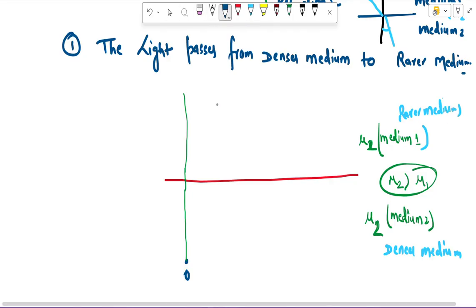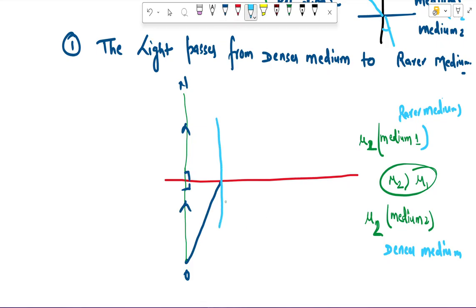Now, when light passes from the denser medium to the rarer medium, consider this one as the normal. Light along the normal passes from one medium to another undeviated. After that, when light goes from denser to rarer medium, it bends away from the normal. When this one is i, this gives the value of r.